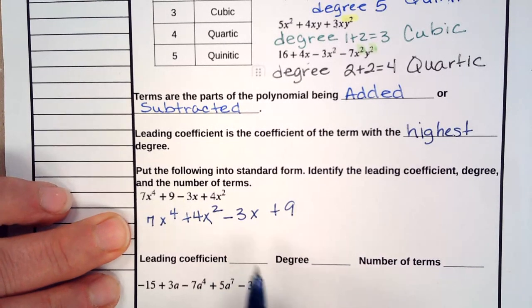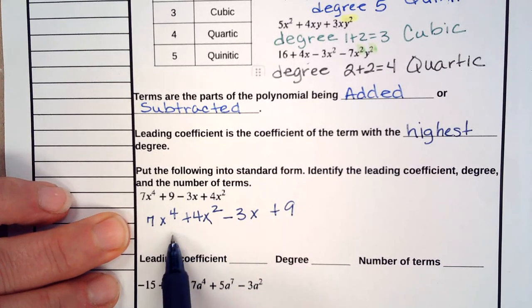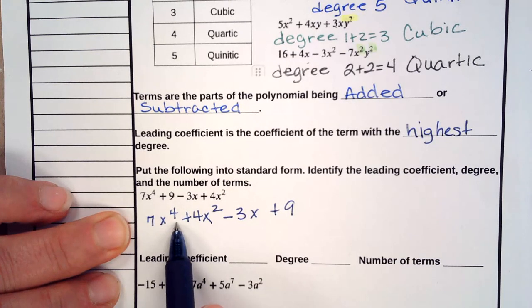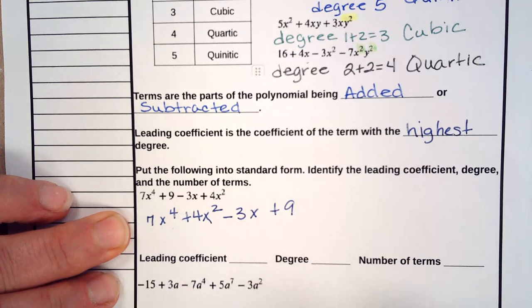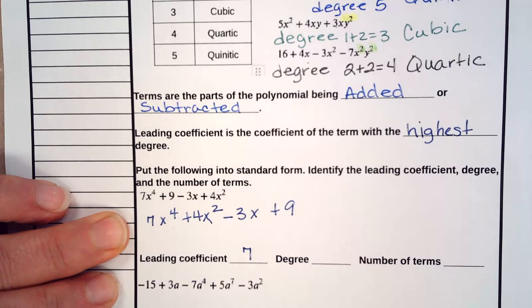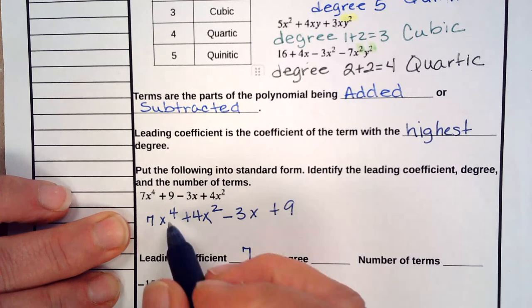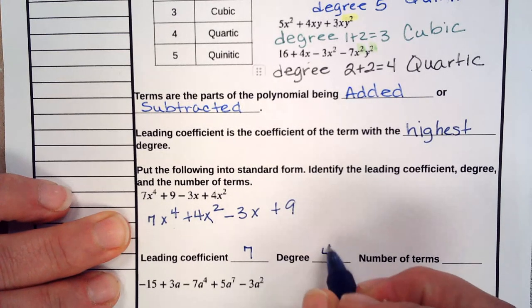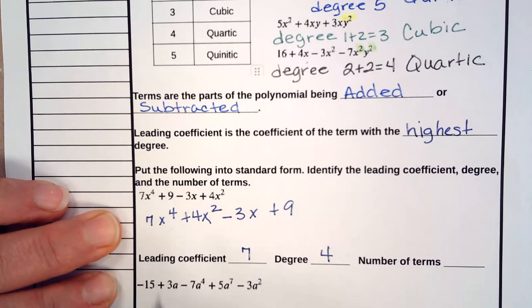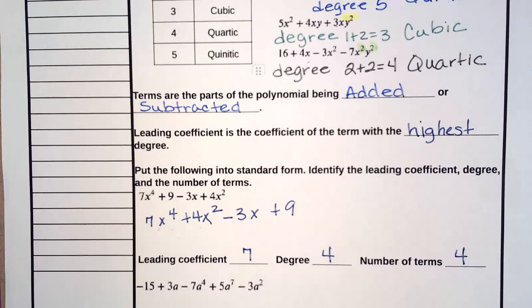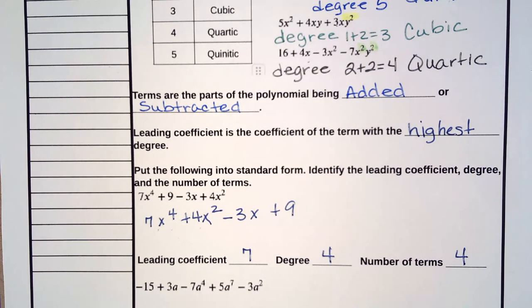The variable with the highest exponent is x to the fourth, so my leading coefficient will be 7. My degree, my largest exponent, is 4. How many terms do I have? 1, 2, 3, 4. With a degree of 4, we could also call it a quartic.